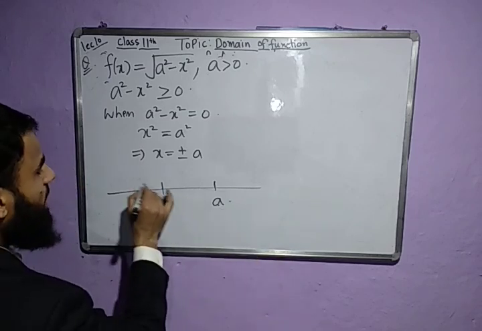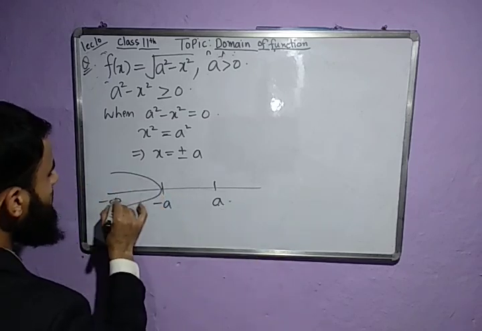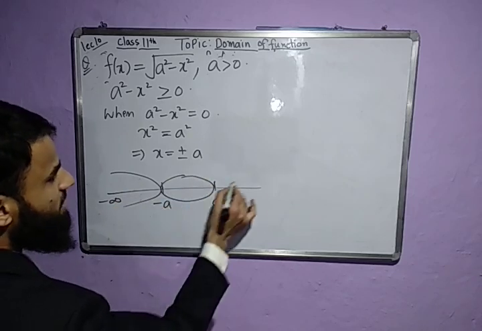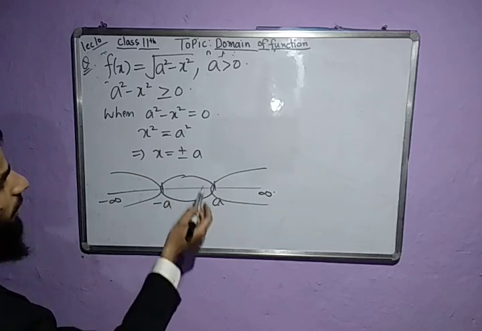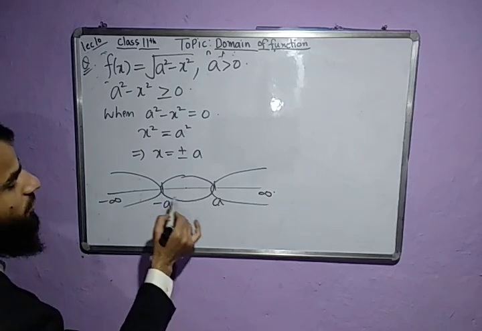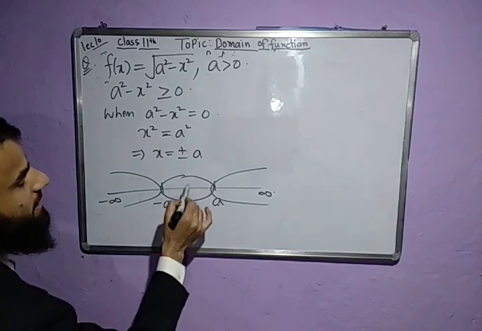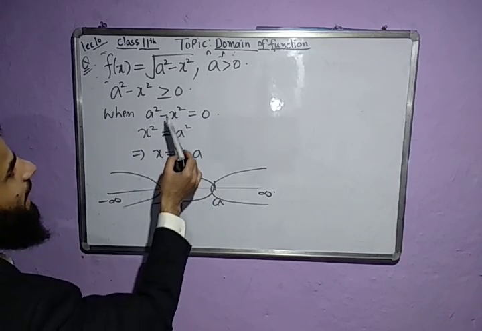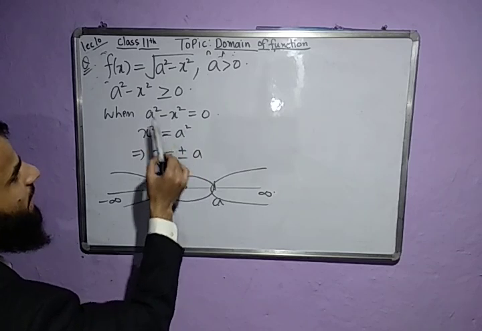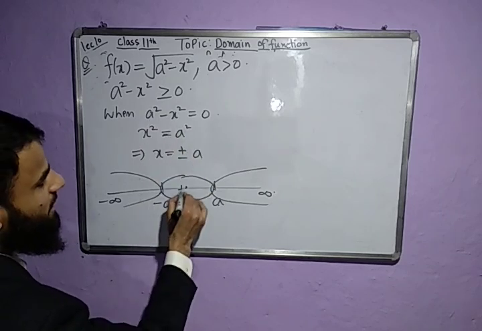Now there are 3 regions. This is the first region, this is the second, and this is the third region. Now let's check all of them. Let's check for 0. 0 is in between, in this region. So when x is equal to 0, I will get a square minus 0, which is positive.